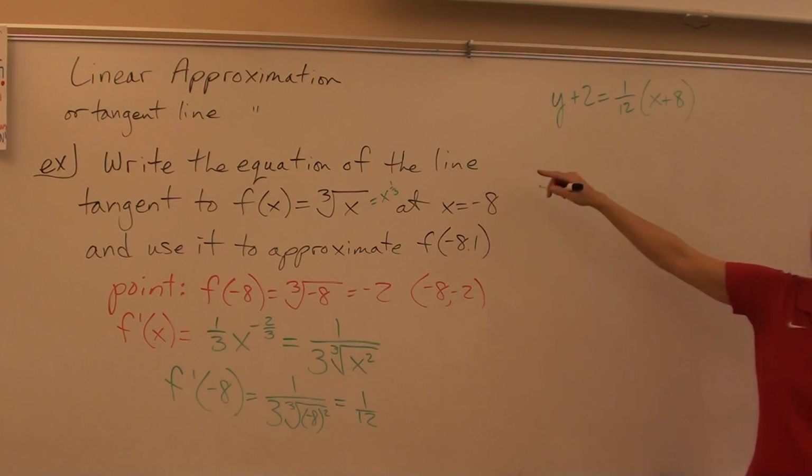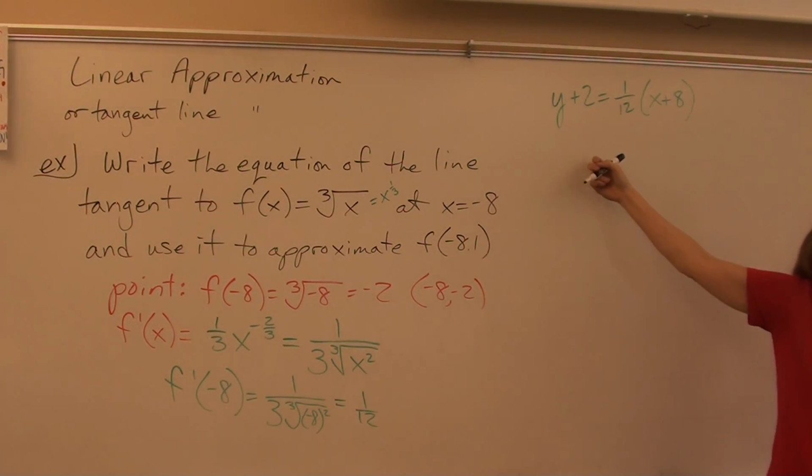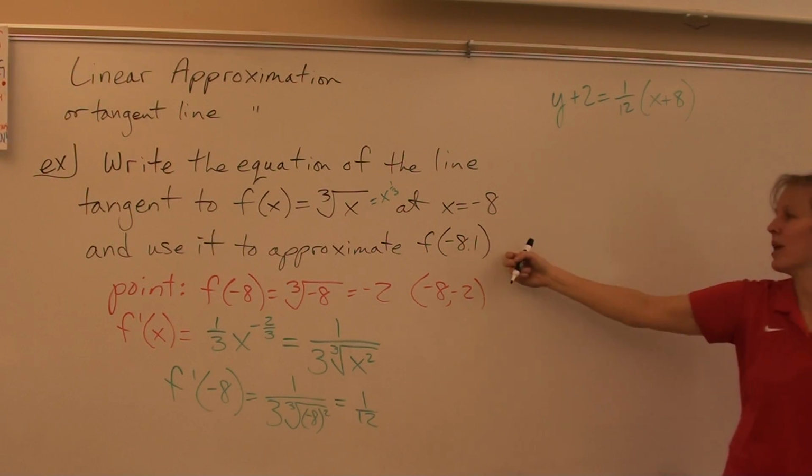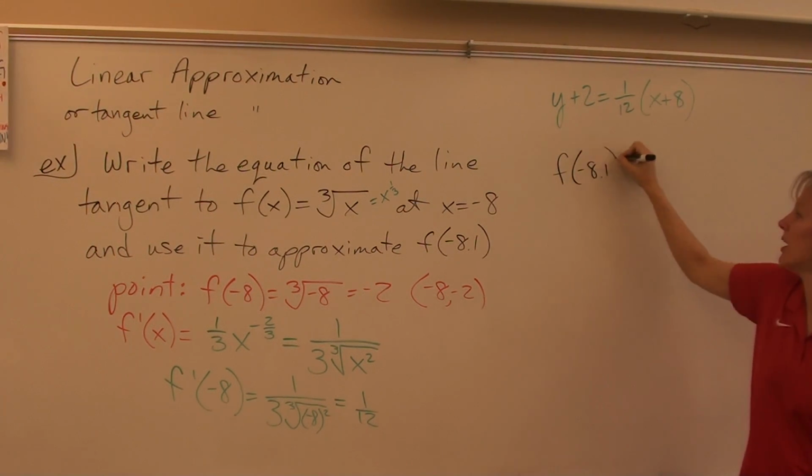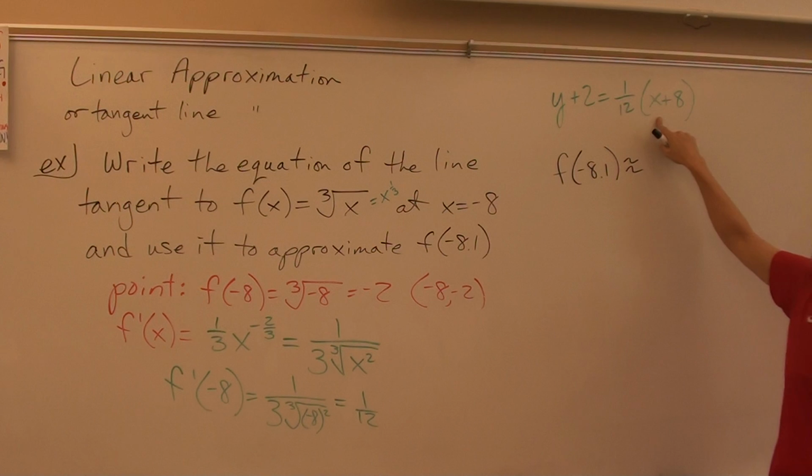So, this first part, we've written the equation of the tangent line. Now we have to approximate f of negative 8.1. So in order to find f of negative 8.1, we plug in negative 8.1 for the x in our tangent line.